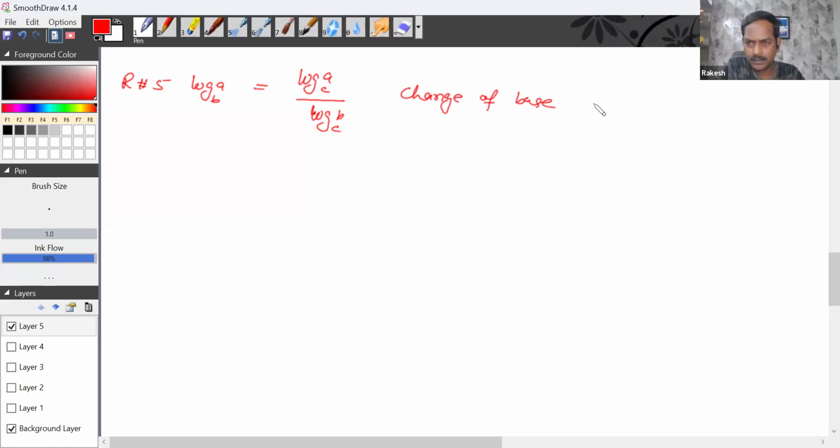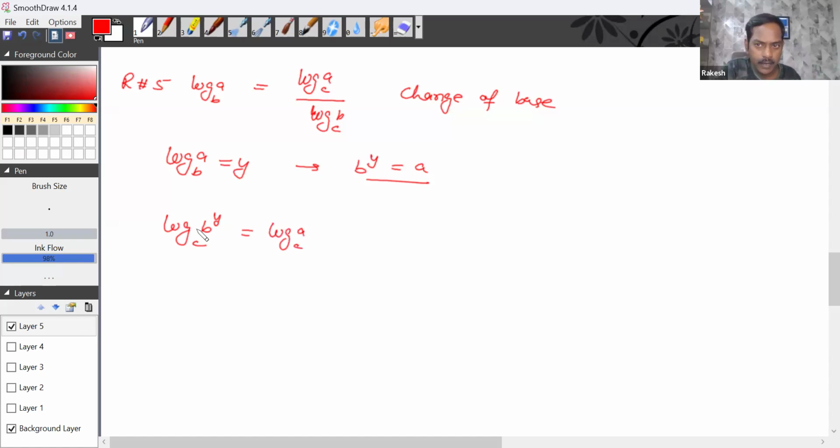Again, it's nothing difficult. Let us assume that log of a to the base b is y. Can I write it as b to the power y is equal to a? Let us apply logarithm of base c on both sides. So I'll get log of b to the power y with base c, and here I'll get log of a with base c.